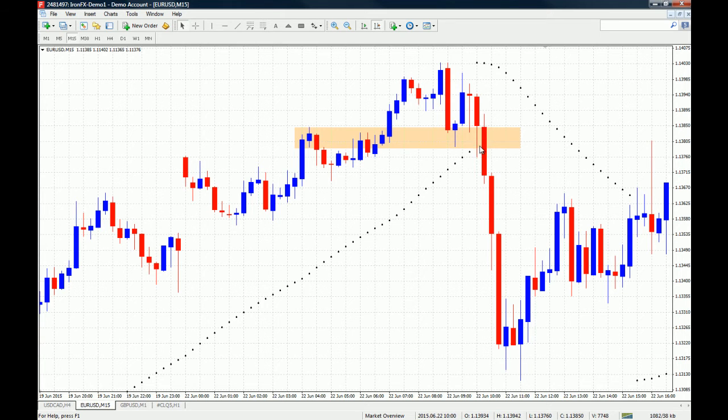This candle broke with the parabolic SAR, and it broke with the area of support that I have marked right here, but it failed to close below the area of support and below the parabolic SAR. This means that we have a rejection of those two zones, which means that we don't have a trade, okay? And price could have very easily continued to the upside. This is why we need a break and a close below the area of support and below the parabolic SAR.